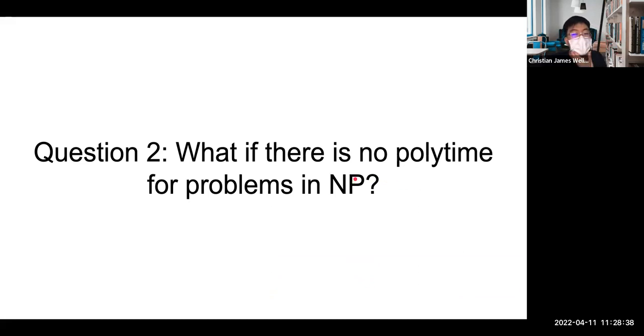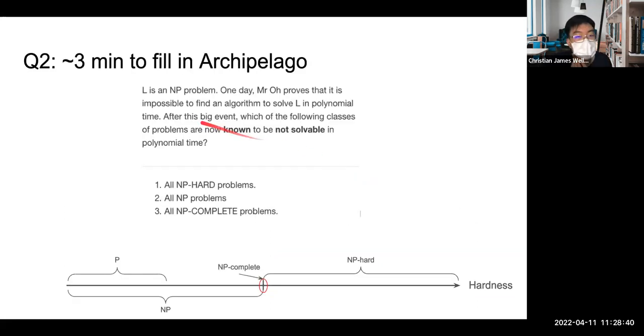So the second problem is asking like this. I have an NP problem. One day, someone proves that one of these problems in NP cannot be solved in polynomial time. So it is impossible to find a polynomial time solution. Now, which of the following classes are now known to be not solvable in polynomial time?